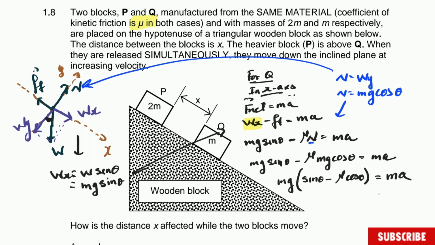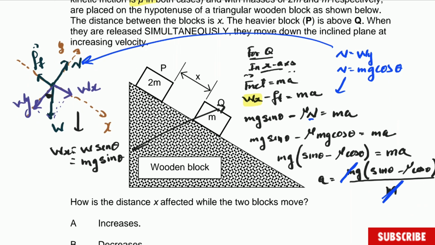So a is equal to mg(sin theta minus kinetic coefficient of friction cos theta), everything divided by m. And we are near the end, because the masses cancel each other. Remember, the idea is not to actually calculate the acceleration, but to see what is happening there.